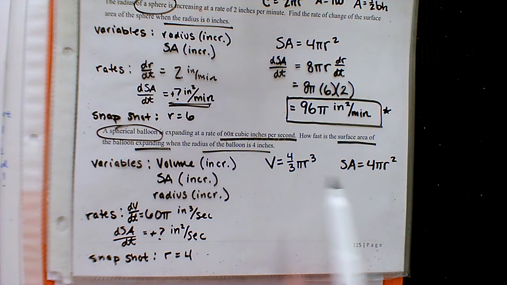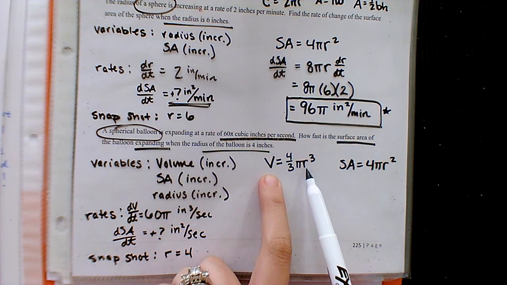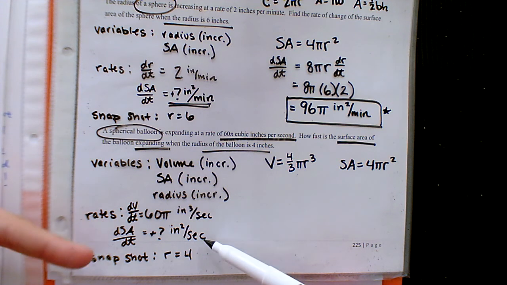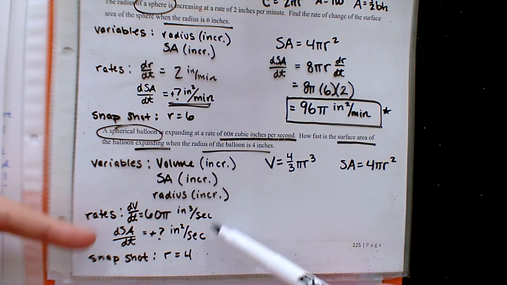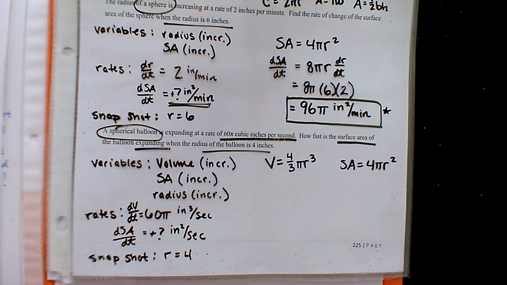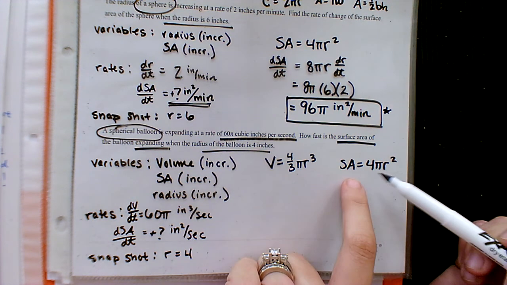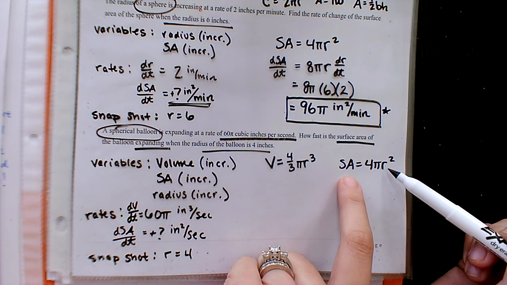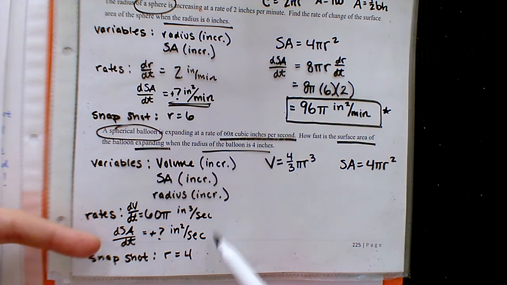So for the first equation for volume, we have a V and an R, okay? Do we have those variables listed? We have V, but we don't have R, okay? Let's see, surface area, we have surface area and R. Do we have those listed here?